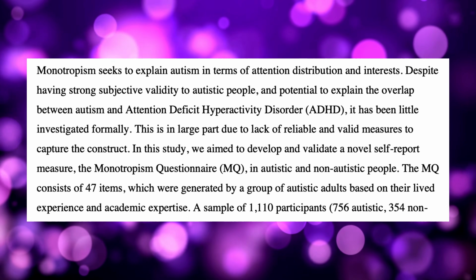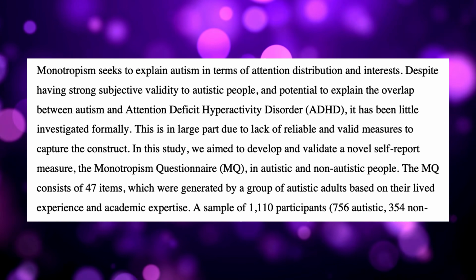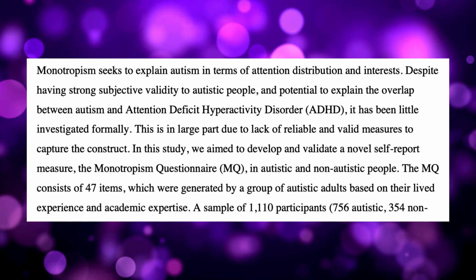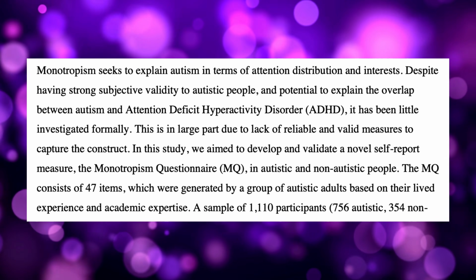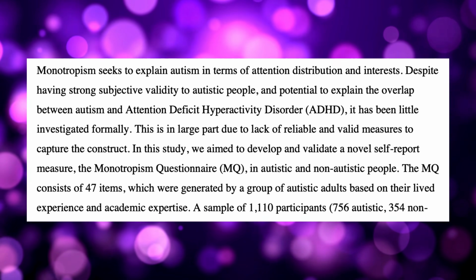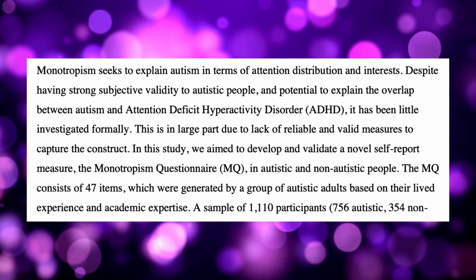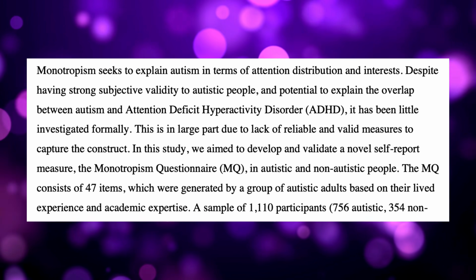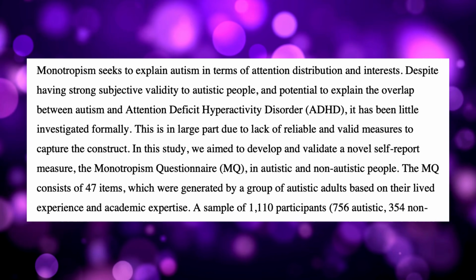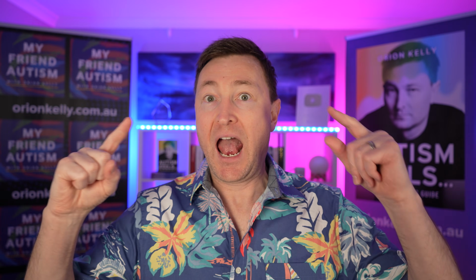In this study, we aimed to develop and validate a novel self-report measure, the Monotropism Questionnaire, MQ, in autistic and non-autistic people. The MQ consists of 47 items, which were generated by a group of autistic adults based on their lived experiences and academic expertise.